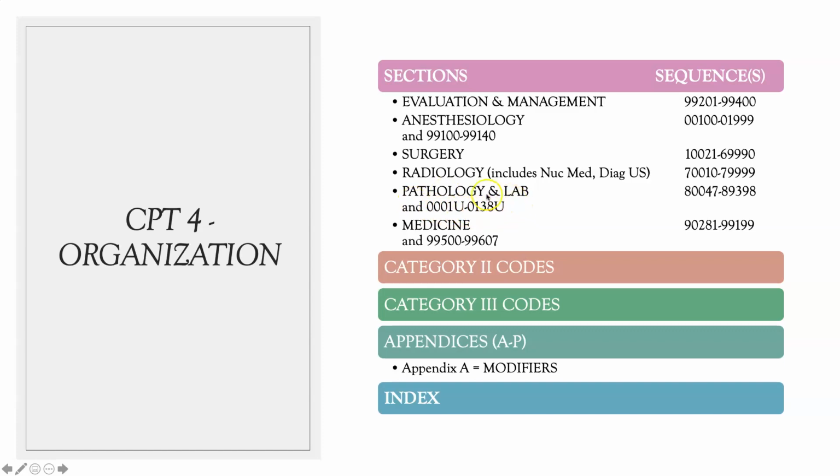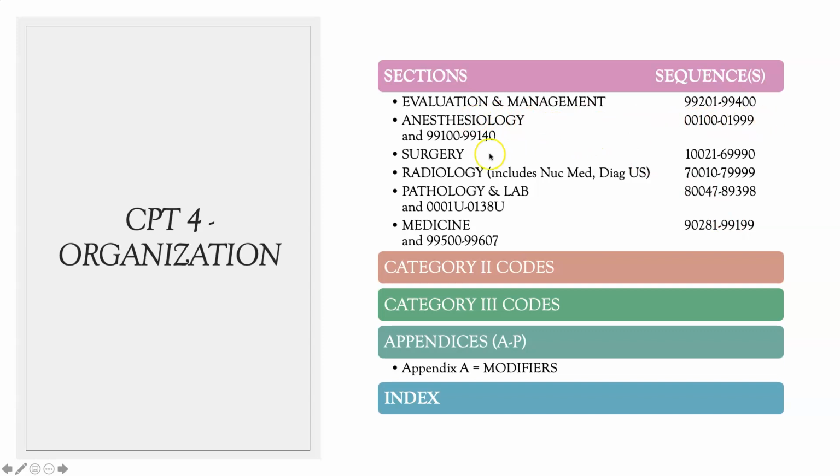So again, there's a break there. You just want to be aware of it. Medicine is the last section, and that tells you what's being done medically for the patient. That starts in the 9000s again, and there is a break, you'll notice there. So E&M and medicine are going to be your 9000s.